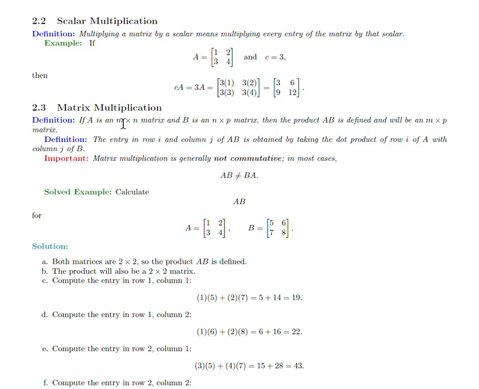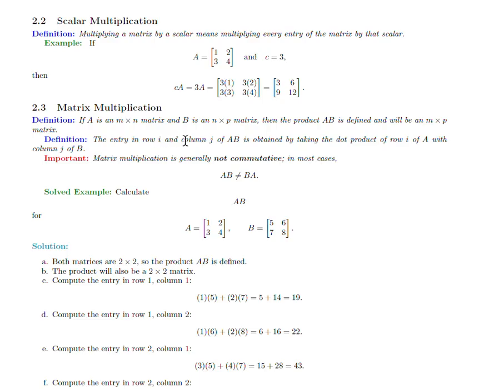Then they will merge up to give you a new matrix which is M by P. If the two matrices you want to multiply don't satisfy that condition, then you cannot multiply them.